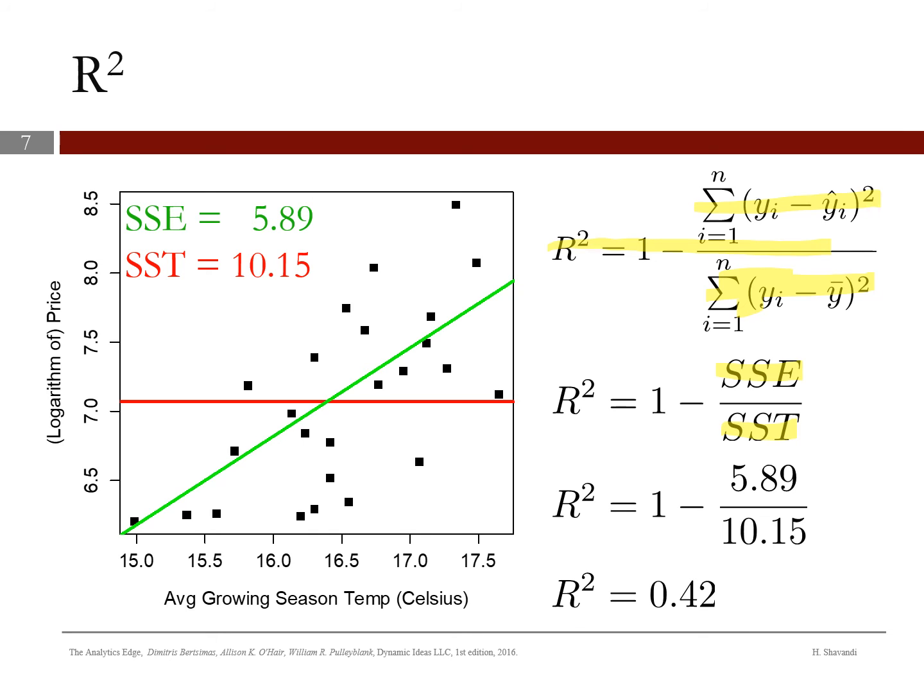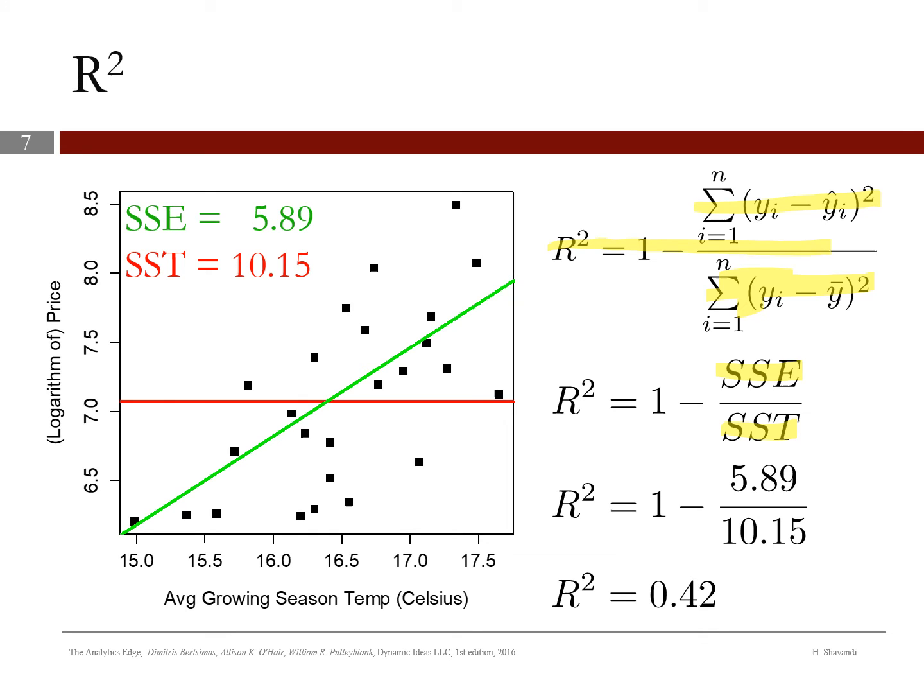SSE is the sum of squared error, and as you see here, it considers y hat i. y hat i is the prediction obtained by the regression model, right? So here we are taking the sum of squared error between the true value of the outcome and the predicted one from the regression model. So this is the performance measure of the regression model.